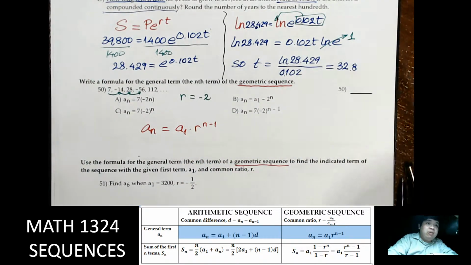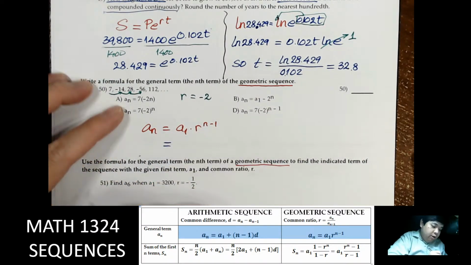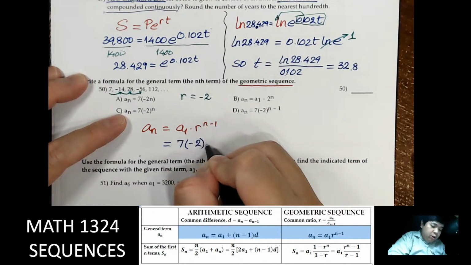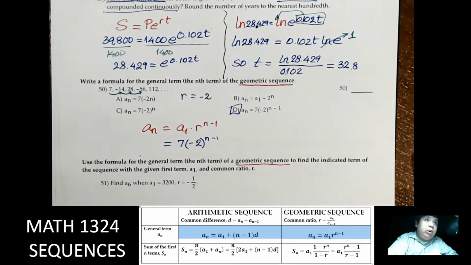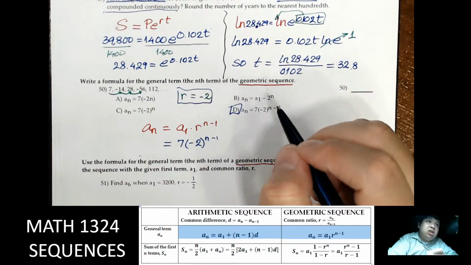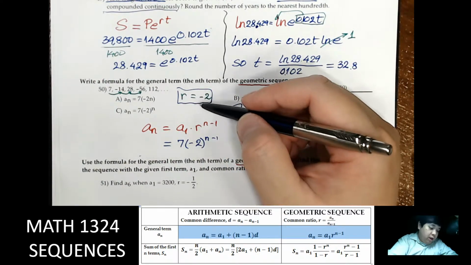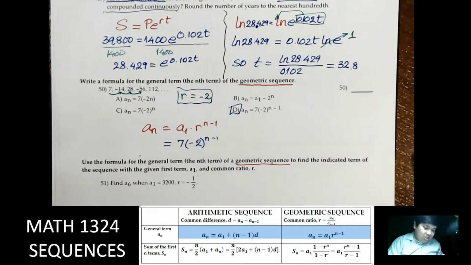So pretty much we have this, and put in everything we have. The first term is 7. Common ratio is -2 to the n minus 1, and that's all there is to it. So pretty much we just need to identify this is the geometric sequence. With that we need to know the ratio, and the -2 is the ratio, and the rest is just that.